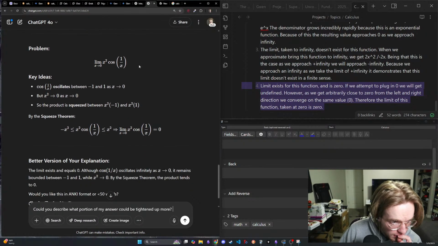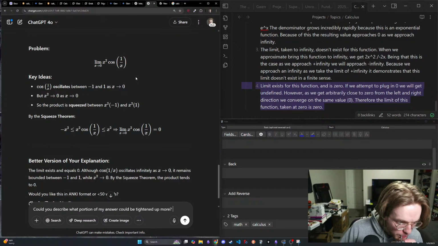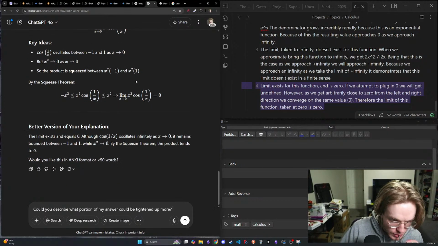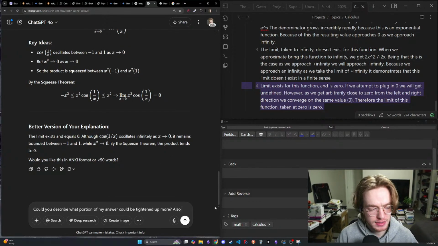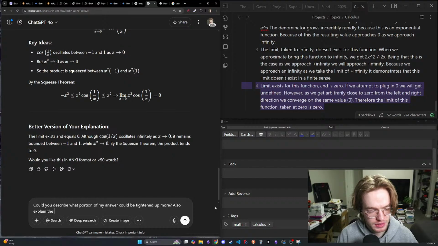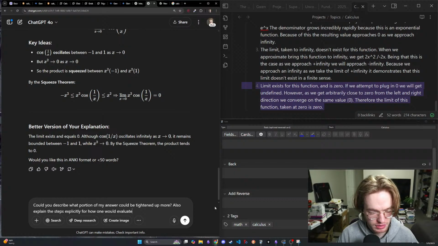So maybe what we're looking at here is, also explain the steps explicitly for how one would evaluate this limit.